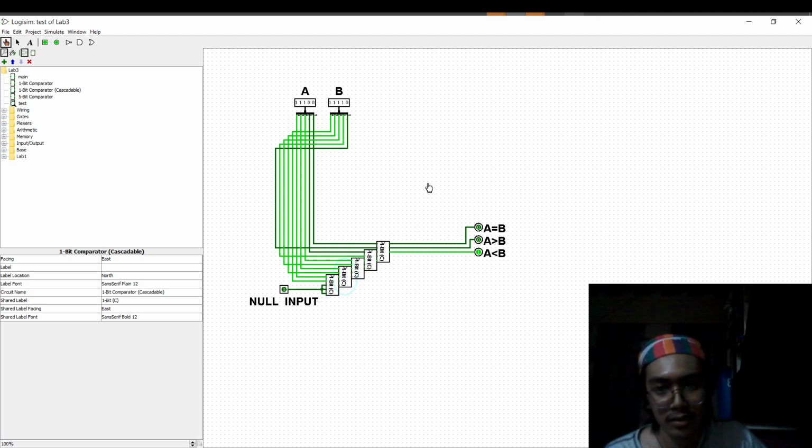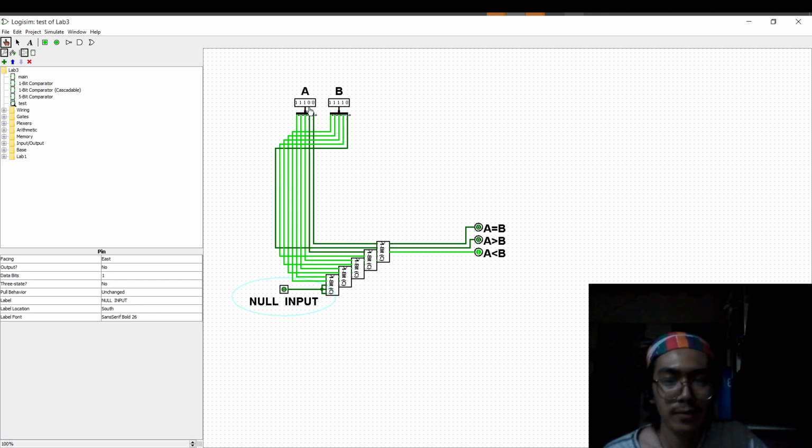We just connect the 5-digit input right here into its respective A and B lines. This is the null input, where the case is 0, 0.